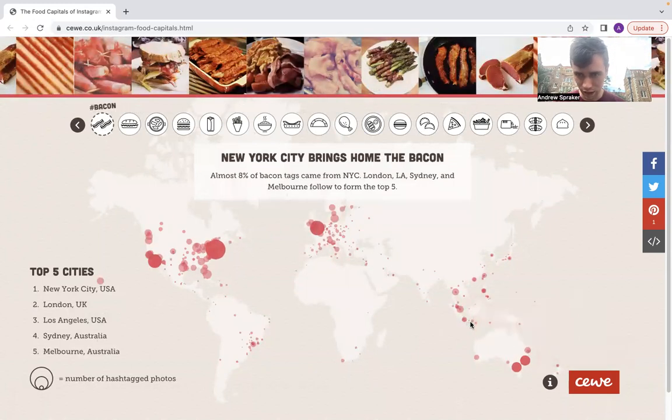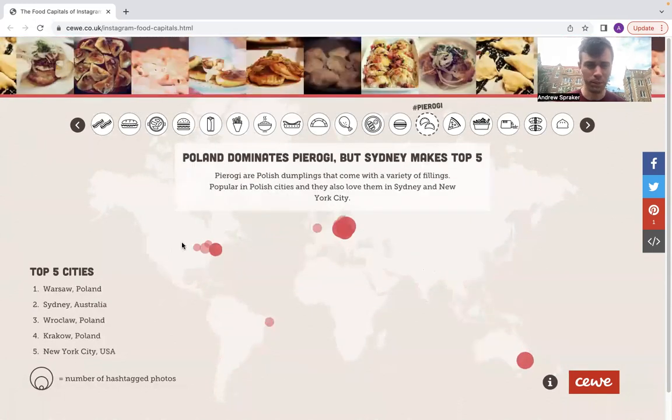You have some in Indonesia, you have some in Jordan, Iran, which you really wouldn't expect with the Muslim population. But with pierogies, pretty limited, right? Europe, specifically a lot of Eastern Europe, and then Australia, the US, and this tiny city in Brazil.